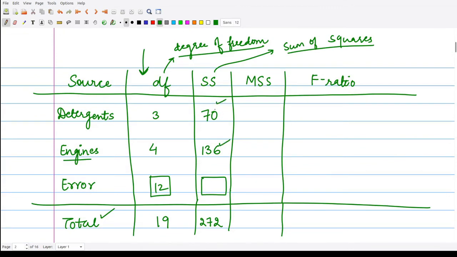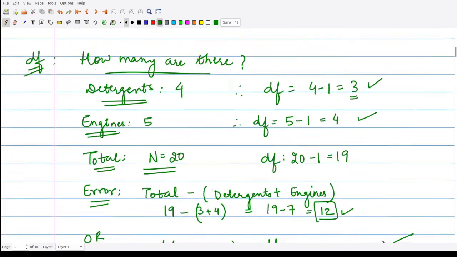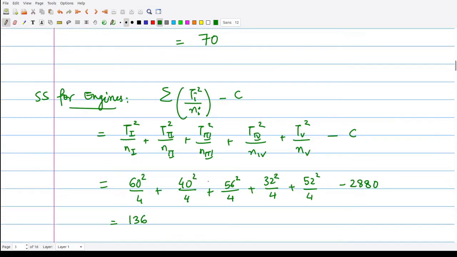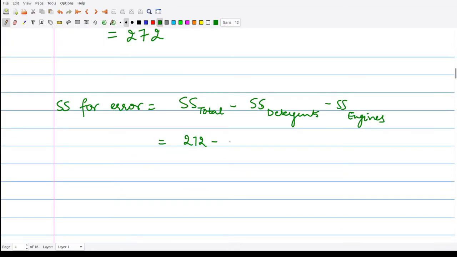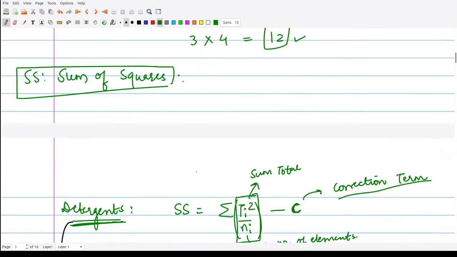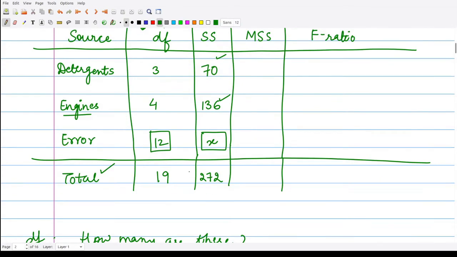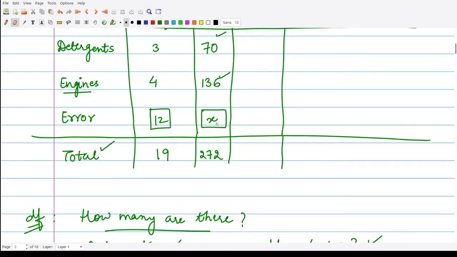So suppose this is X, when you add up 70 plus 136 plus X, it should be equal to 272. So we'll calculate this X. So 272 minus 70 minus 136 comes out to be 66. So we'll write in place of SS for error the value 66.